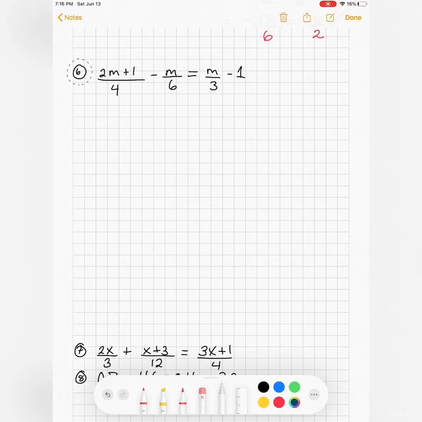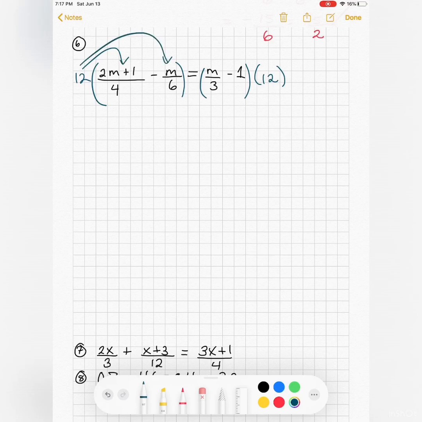Okay, what about 6? So what is the LCD there? Looks like that would be 12. Okay, 12 divided by 4 leaves 3. 12 divided by 6 is 2. Okay, distribute the 3.